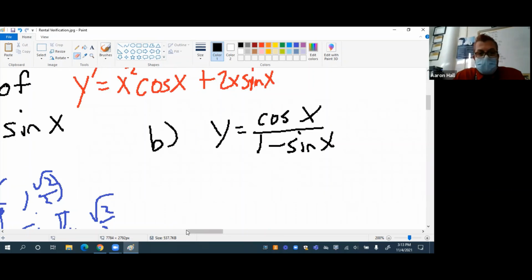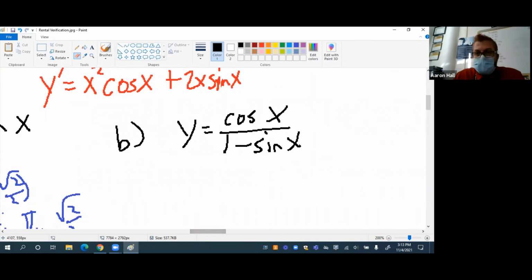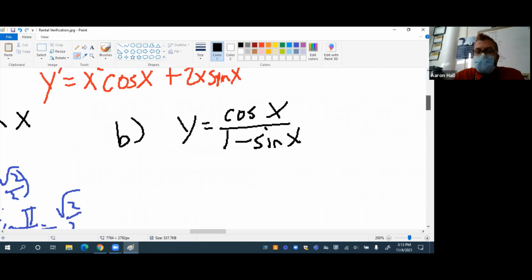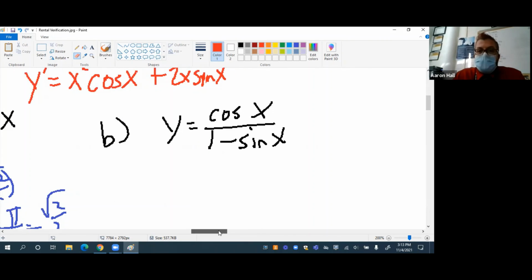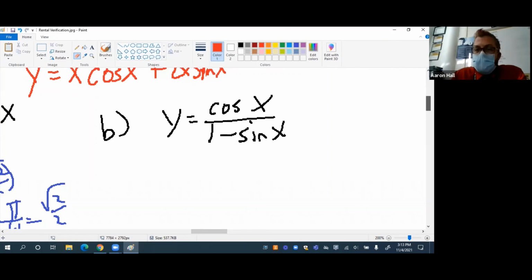Do we just take the derivative of the top over the derivative of the bottom? No, why not? This is a function divided by a function. That's the quotient rule. What is the quotient rule?